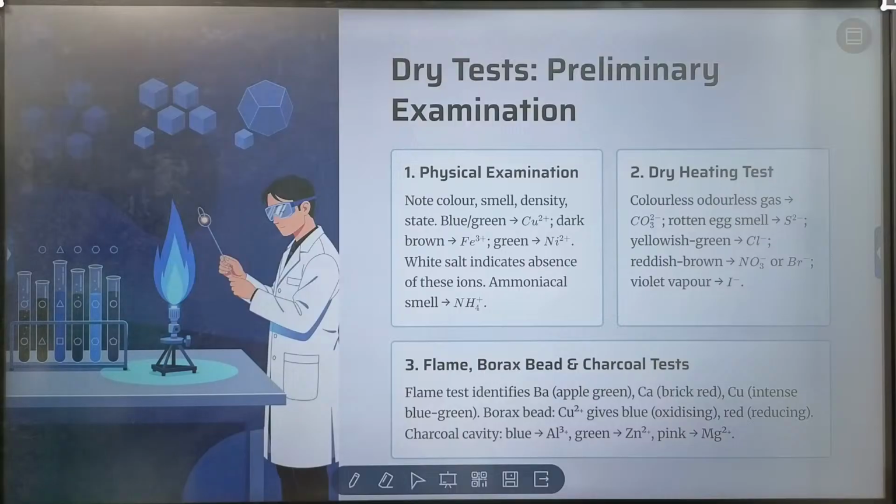In oxidizing flame, if it is copper, while the flame is hot, you will get green color, and if you take it out of the flame and it is cool, you will get blue in color, then it shows the presence of copper. If it is iron, in oxidizing flame, while it is hot, it is brown in color, and when you take it out of the flame, you will get yellow in color.